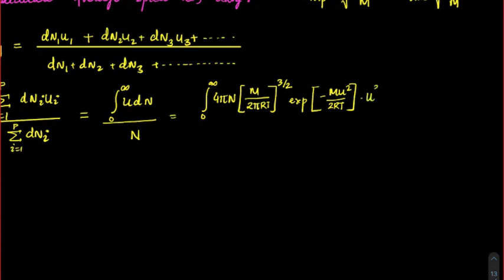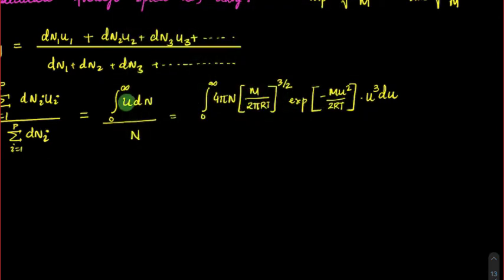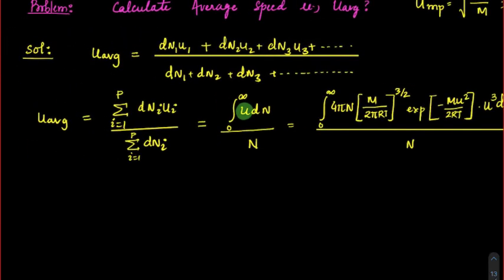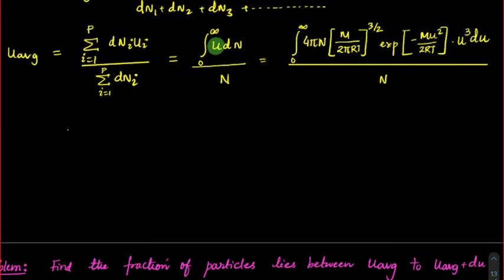Now it will become u cube, because there is one extra u present here, and the whole is divided by N. On solving this, again we are not getting into the calculus of how to solve it, we will get this as under root of 8RT by pi m. Okay, this is the result which we need to know.